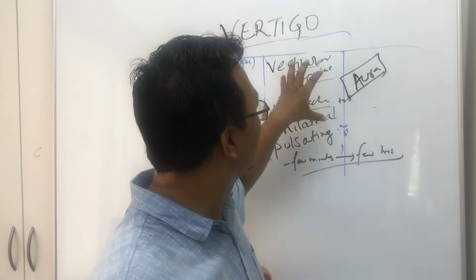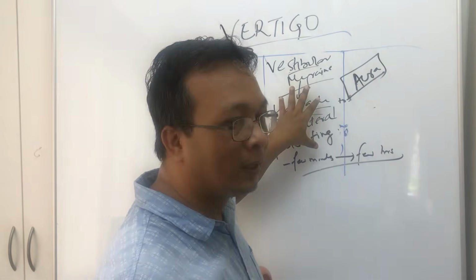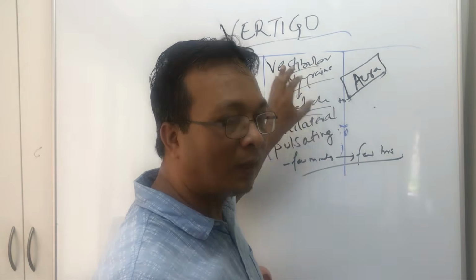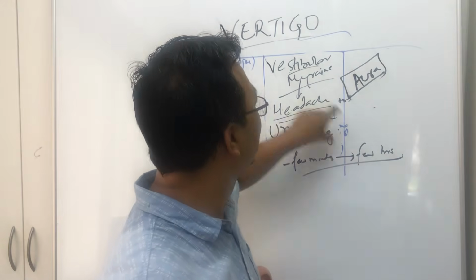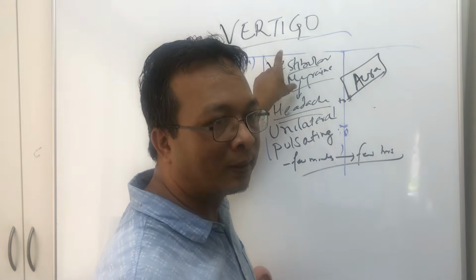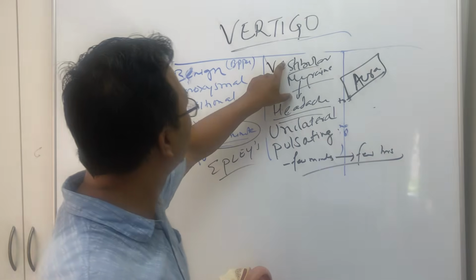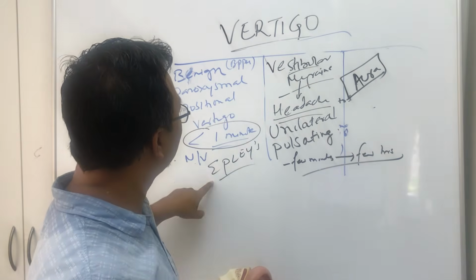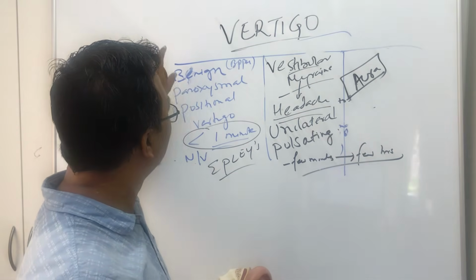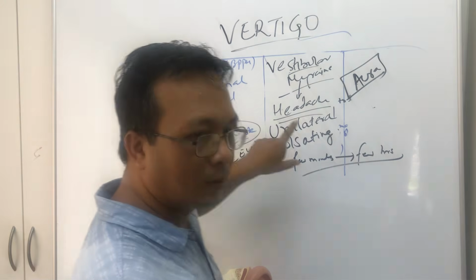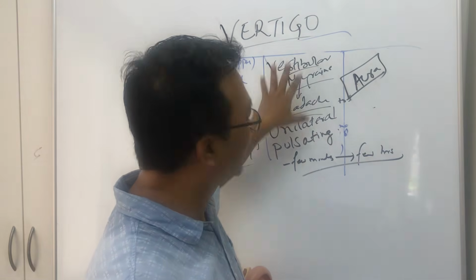So if there is headache along with giddiness or dizziness or lightheadedness that lasts for a few hours, then this is because of migraine, what we call vestibular migraine. And if it is less than a minute, that is benign paroxysmal positional vertigo.